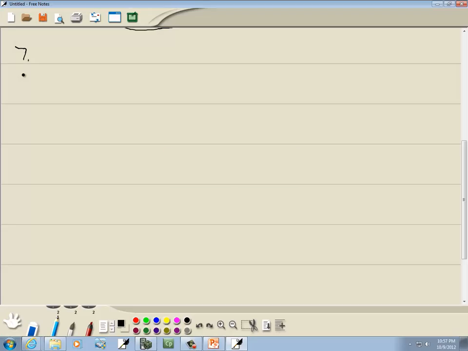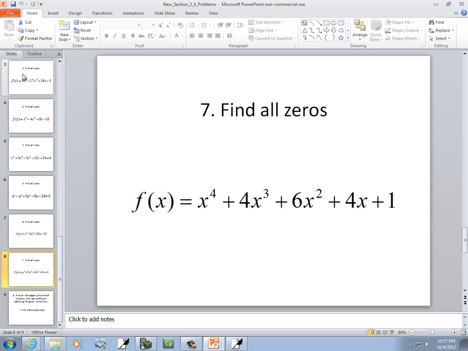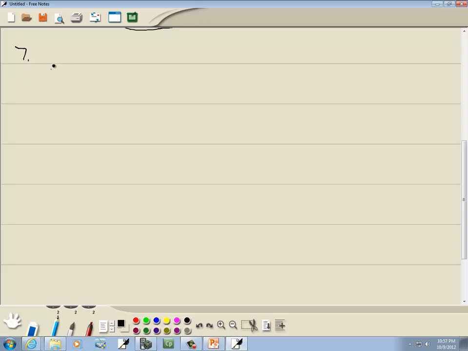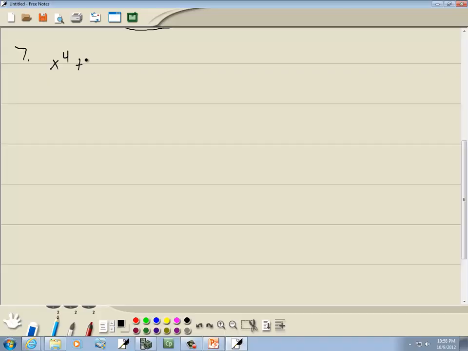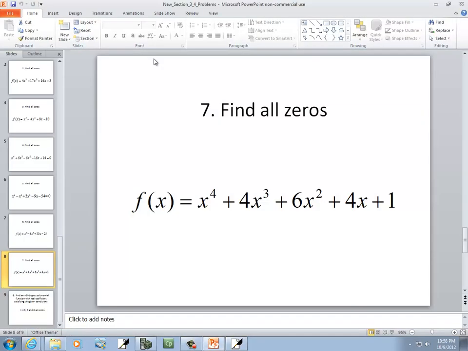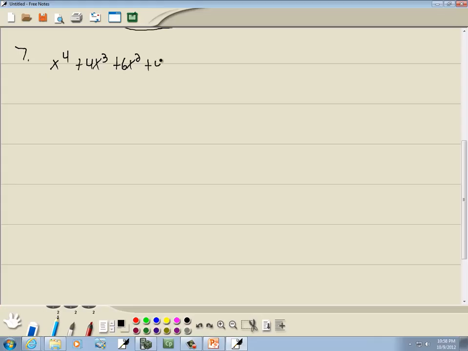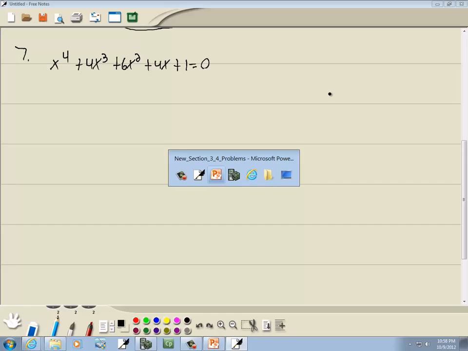Let's look at our next problem. We got x to the fourth plus 4x to the third plus 6x squared plus 4x plus 1 equal to 0. Well, let's go put this in our calculator.